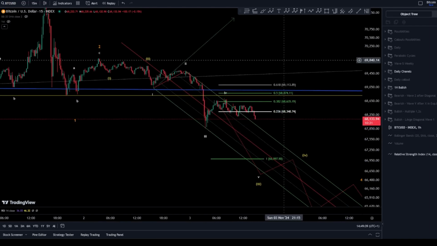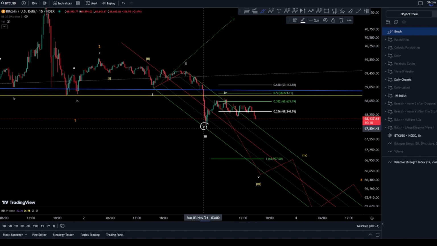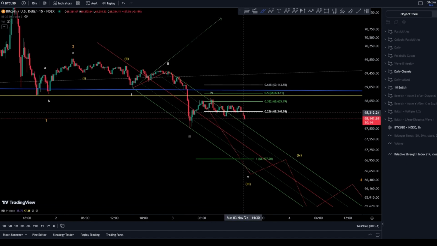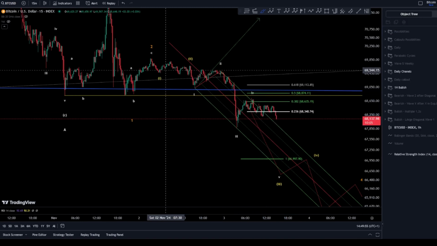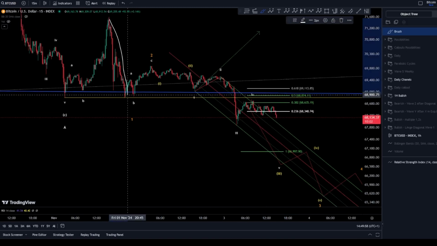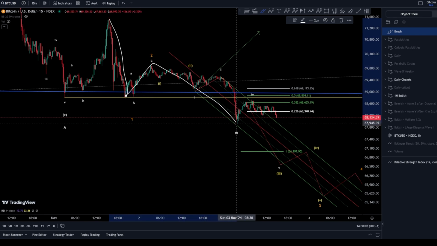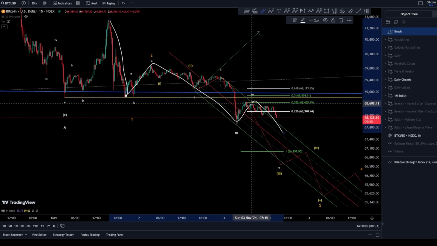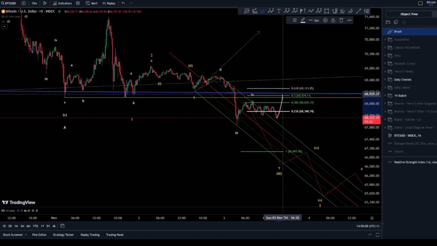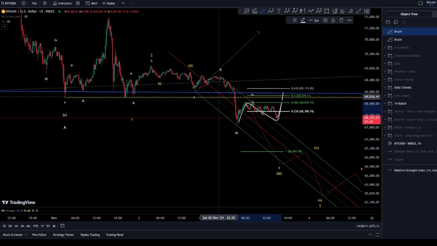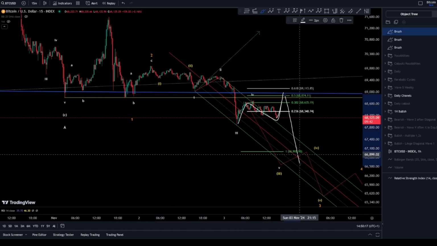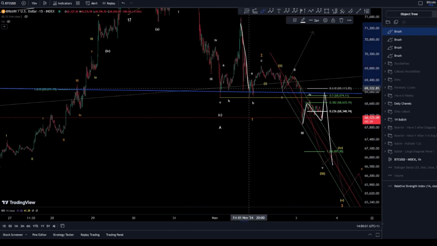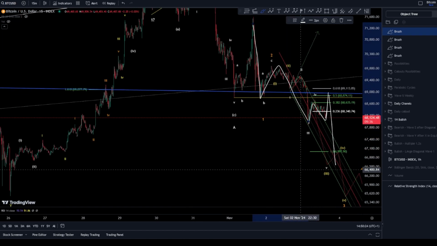So the scenarios are the following. If we don't get the low here, and if we use this acceleration channel as a support, and it goes back much deeper, that would be very normal, because in your contracting diagonal, if this is your wave 1 here, bottom, 2, 3, 4, and a 5, if your wave 4 is not finished yet, your wave 4 might still go up as a zigzag, hitting the perfect level again, interfering with your zone 1 perfectly, and then moving one more wave 5 towards the downside to finish a 1, 2, 3, 4, and a 5.